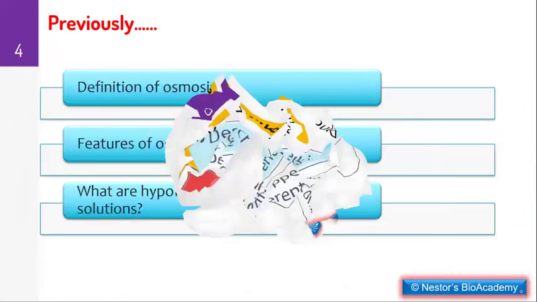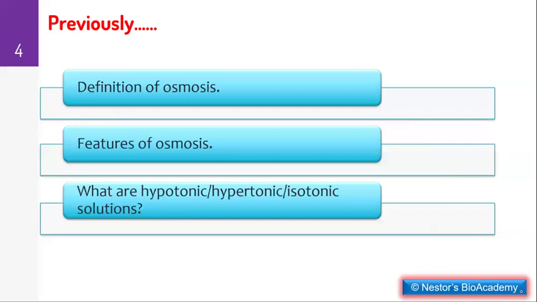Remember, previously in our earlier lesson on osmosis, we defined, reviewed and explained what osmosis is. We looked at the features of osmosis, and we also described the terms we always use to compare concentrations of different solutions. The terms hypotonic, hypertonic, and isotonic were well described.